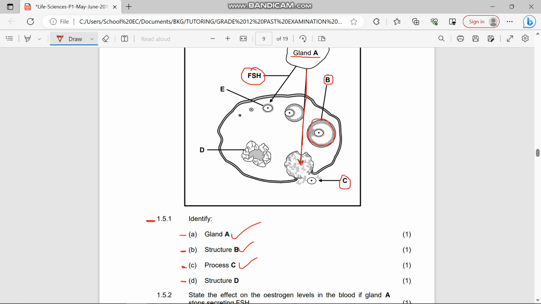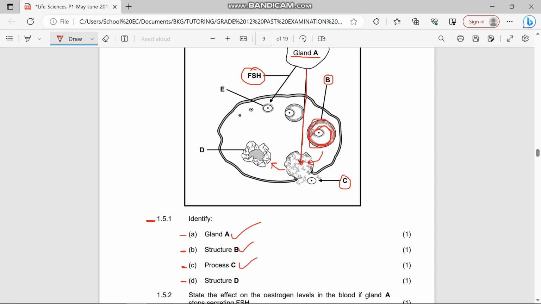So let's move to structure D. Identify structure D. Now the egg has been released, meaning that this Graafian follicle was placed at the edge of the ovary to break and release the egg. So now this is the broken follicle, which is known as the corpus luteum.